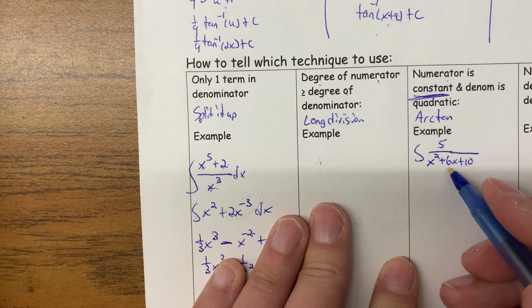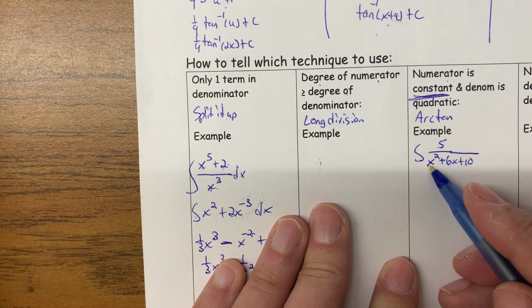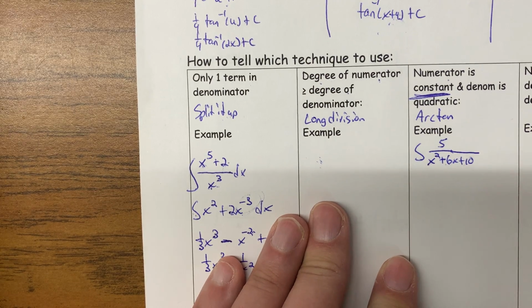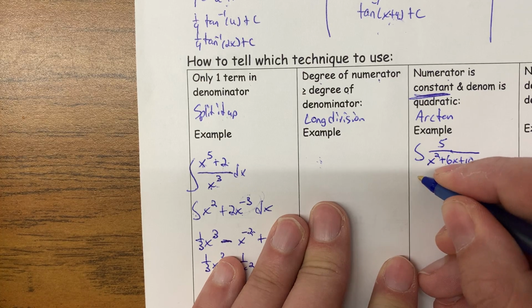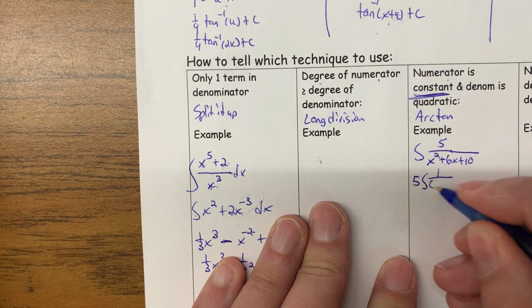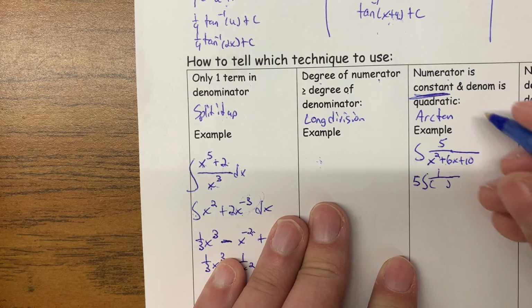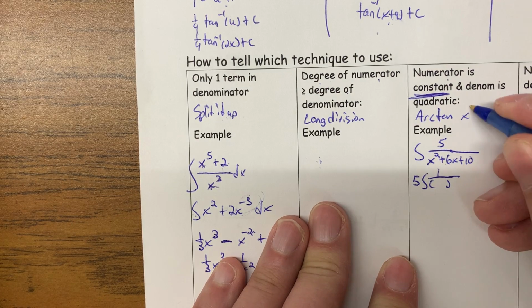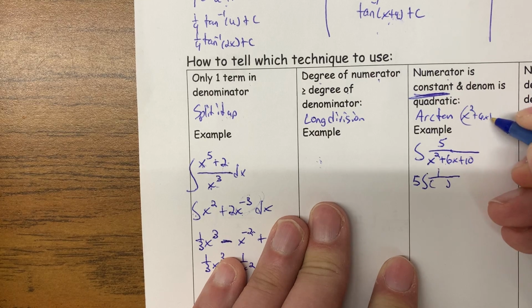Now I see 3 things here. So this is going to be the completing the square kind. I'm going to factor out the 5 to the outside. So 5 integral of 1 over, I need this to be a square thing. So x squared plus 6x plus something. I'm going to pull out the 10.